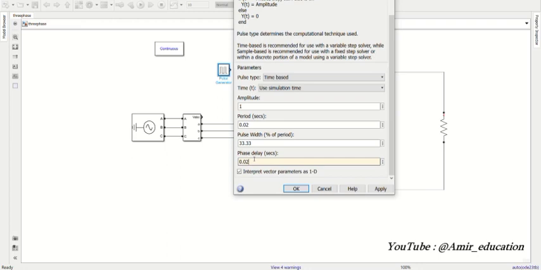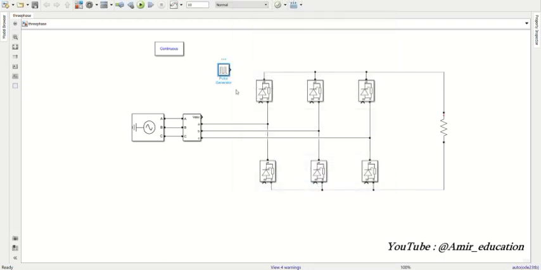For our first phase delay, I want to set 60 degrees, so I should type the period times the phase delay over 360 degrees, which equals 0.002 seconds.